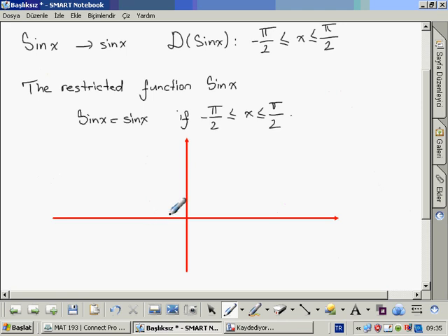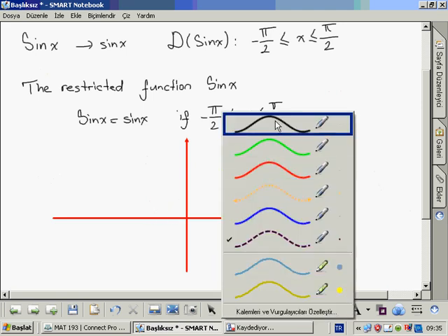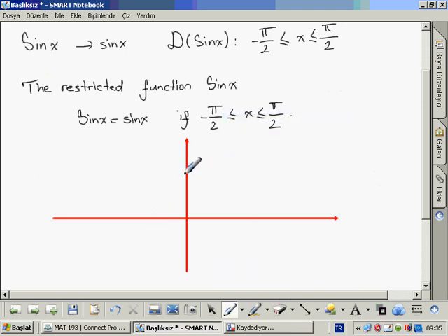Firstly, let me assign this point as plus 1 and this as minus 1, and this point is pi over 2, and also this is minus pi over 2.